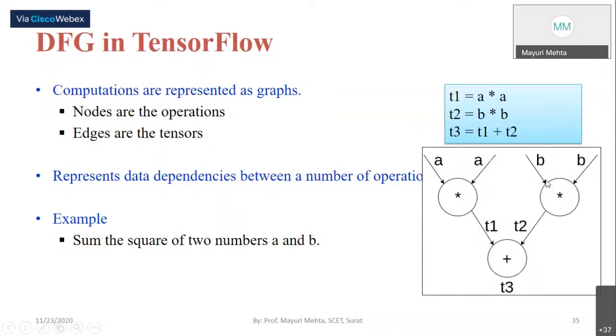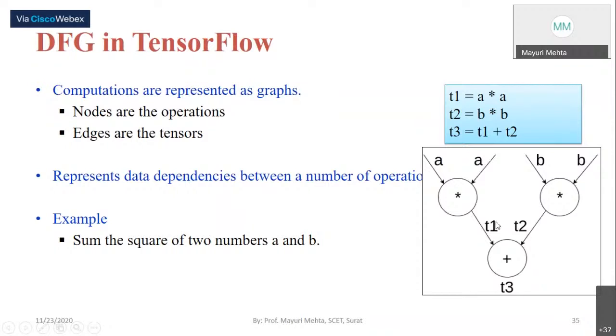So the data flow graph supports parallelism. It allows TensorFlow to run some computations in parallel, distributing those computations over different machines.